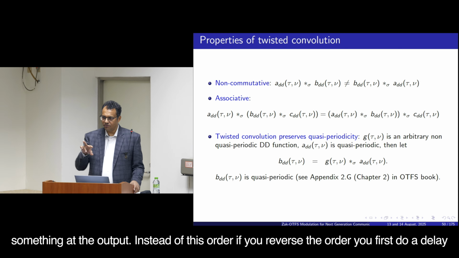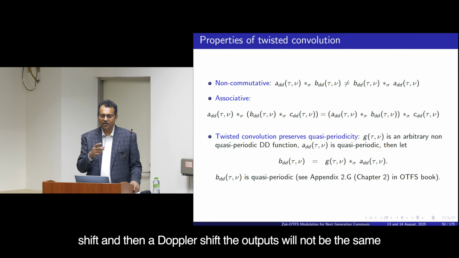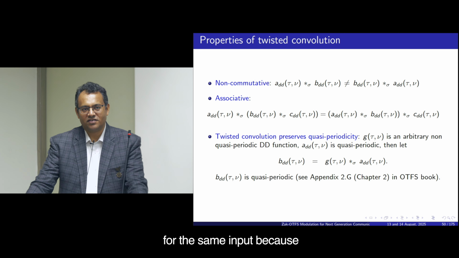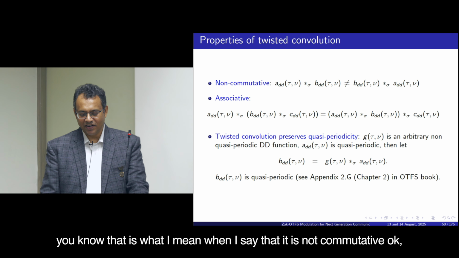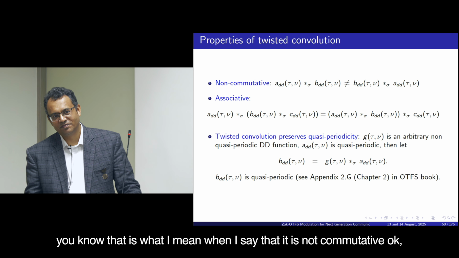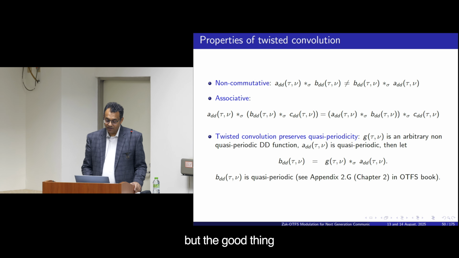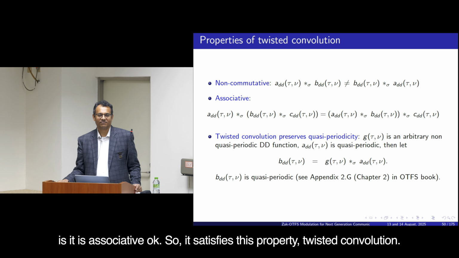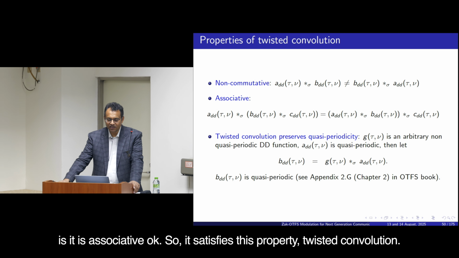Instead of this order, if you reverse the order, you first do a delay shift and then a Doppler shift, the outputs will not be the same for the same input, because that's what I mean when I say that it's not commutative, okay. But the good thing is it is associative, okay. So it satisfies this property. Twisted convolution.